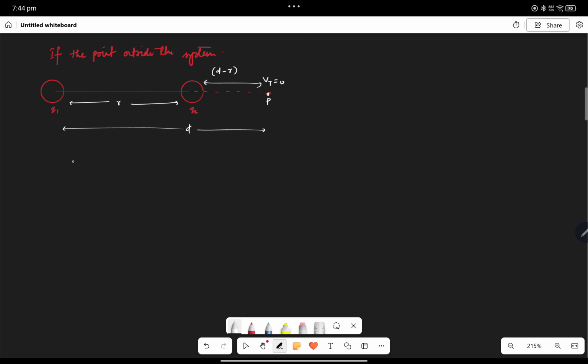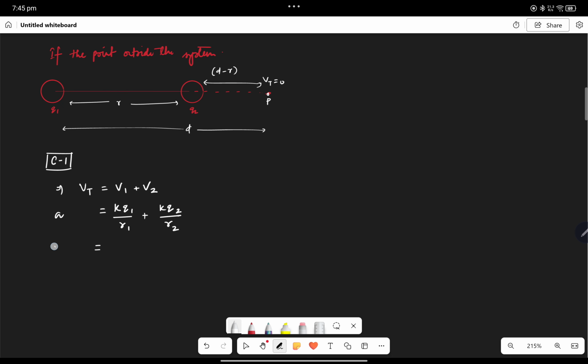First of all, the given thing is what you have written in the first place. Now we are going to solve this question starting from the concept statement: the total potential at that point P is the sum of the individual potentials of Q1 and Q2. I am writing the equation now: V total at point P is equal to V1 plus V2. V1 is K Q1 by R1, and V2 is K Q2 by R2.